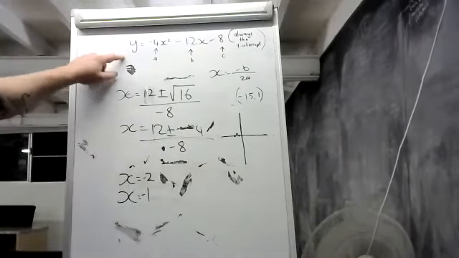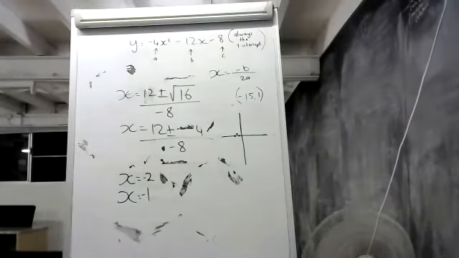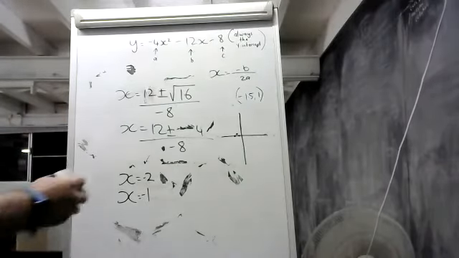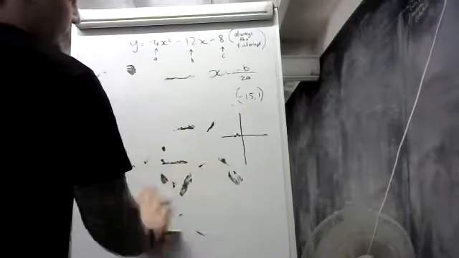And I want you guys to put 0 into this formula and tell me what the y-intercept is. So we assume that x is 0 for the y-intercept. What are our y coordinates?